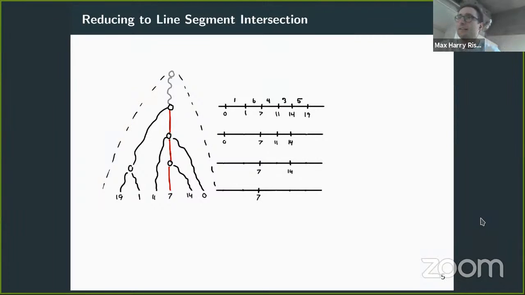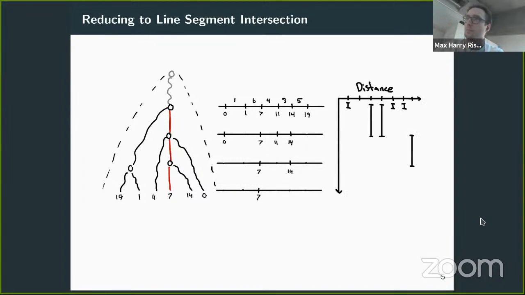The interesting thing is that for any consecutive occurrence that appears in this path, there is an interval in which it exists, and outside that interval, it doesn't exist. So we can encode every such consecutive occurrence as a line segment where the x coordinate is the distance of the pair, and the 2 y coordinates are the interval in depth on the heavy path where that consecutive occurrence exists.